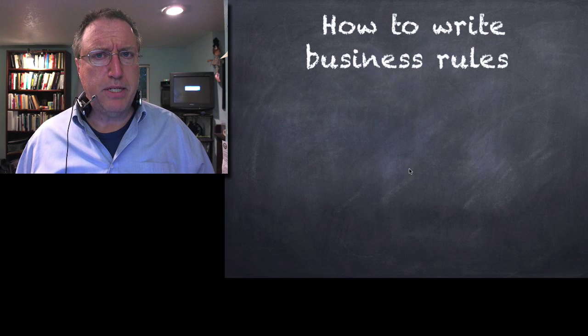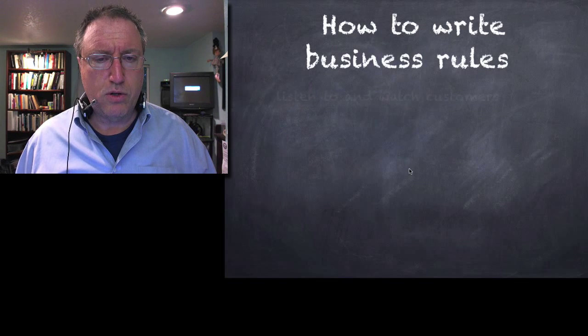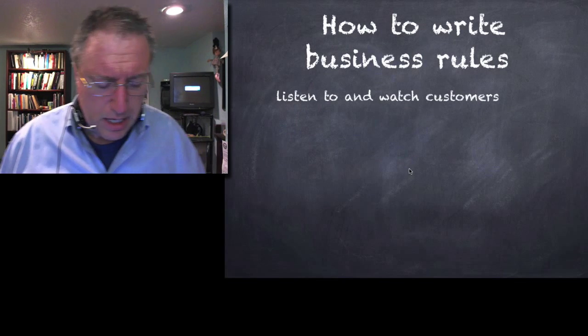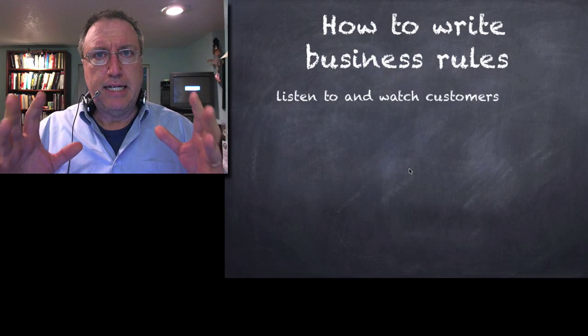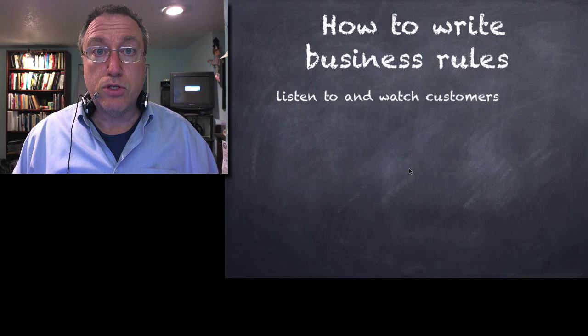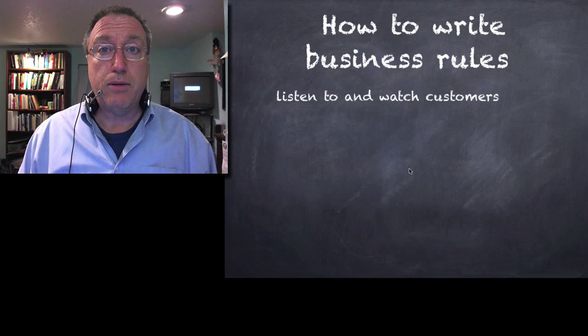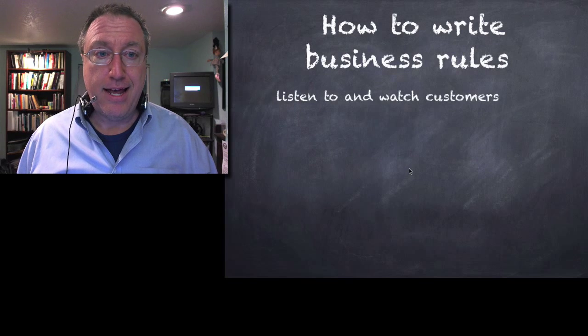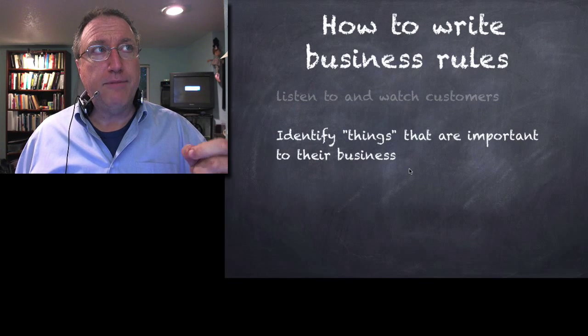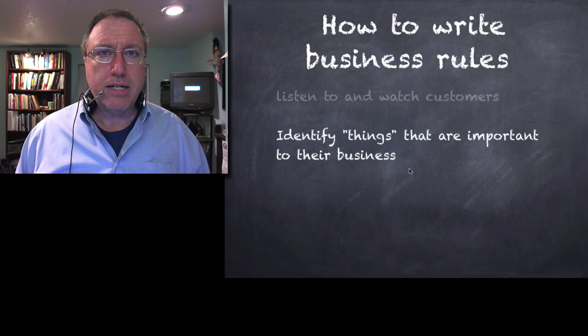So how do you write a business rule for the purposes of this course? Well, first of all, you get in close with the customers. You interview them, you listen to them, you do ride-alongs, you observe them in their natural habitat. Then you identify the things that are important to them.